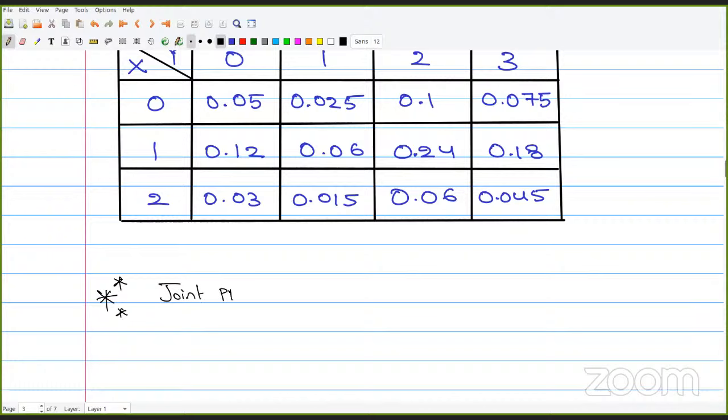Joint PMF is equal to marginal PMF times conditional.